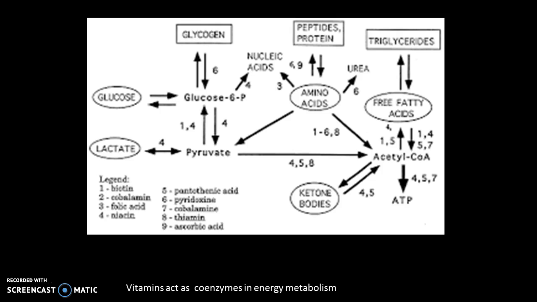So one function of vitamins and minerals is energy metabolism. If we look at energy metabolism, this is just showing where all of those B vitamins can be functioning in energy metabolism.